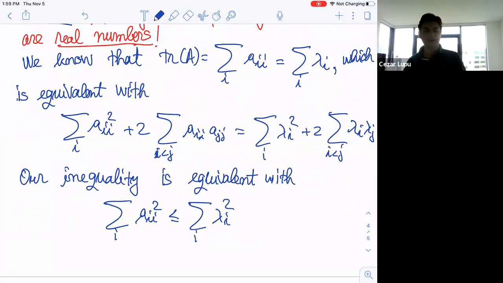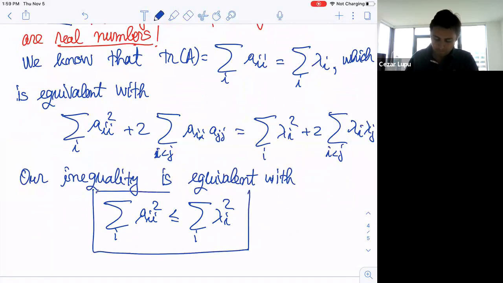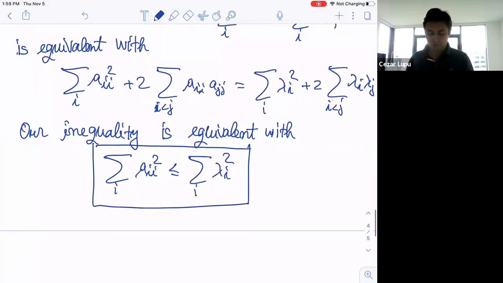So we have to prove this. If we prove this, then we're done. That's what we need to prove. But now we're going to do the following, and you will see how simple this is.